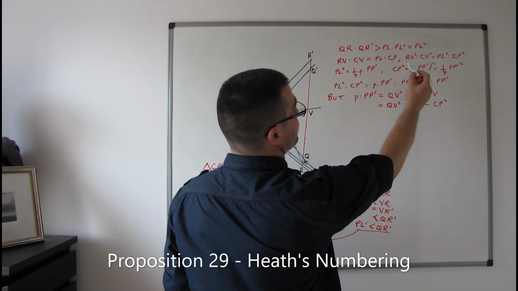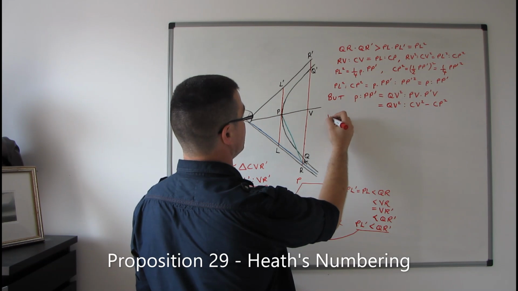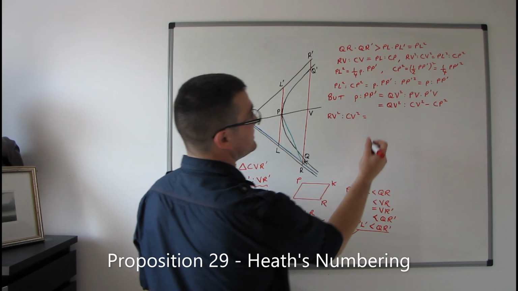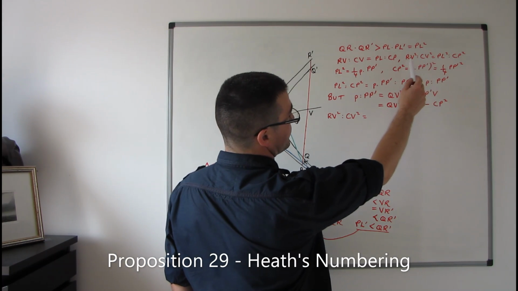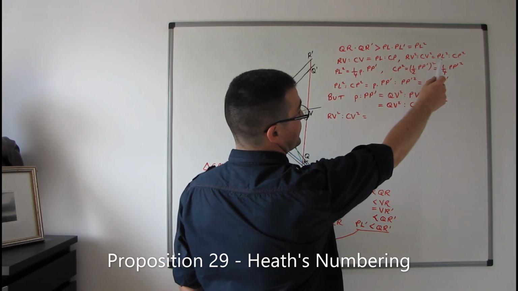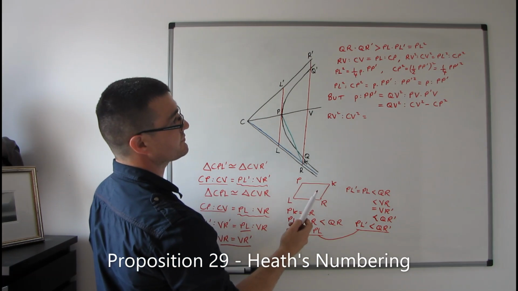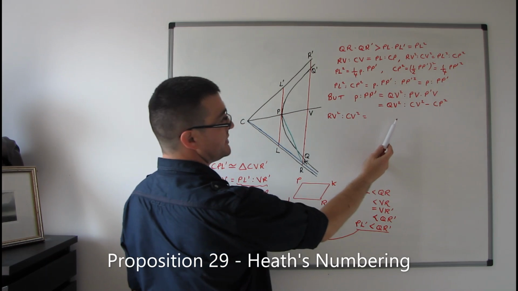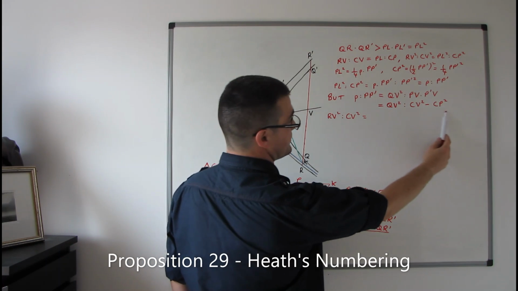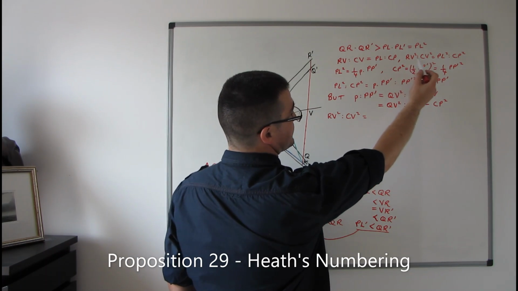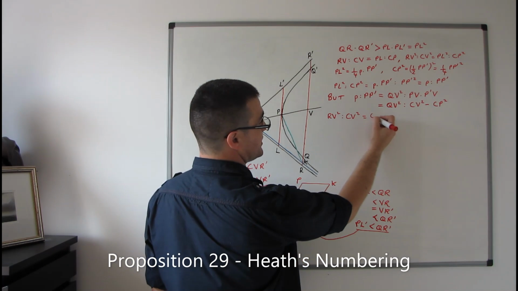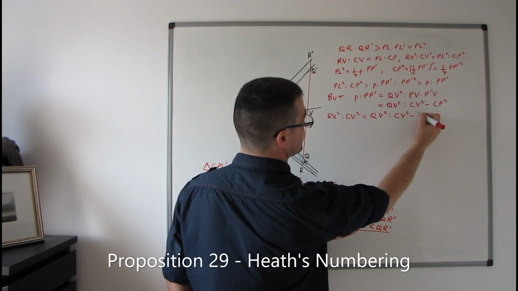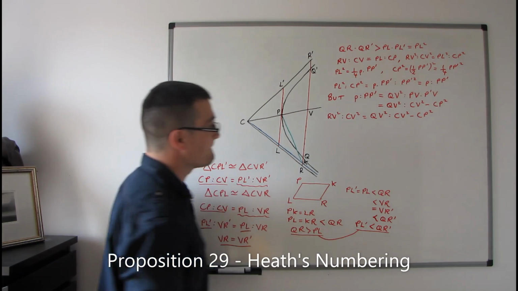We've got RV squared to CV squared, and we know that RV squared to CV squared is the same as PL squared to CP squared. But that was the same as P to PP primed, which in turn was equal to this thing. So therefore, RV squared to CV squared is equal to QV squared to CV squared minus CP squared.